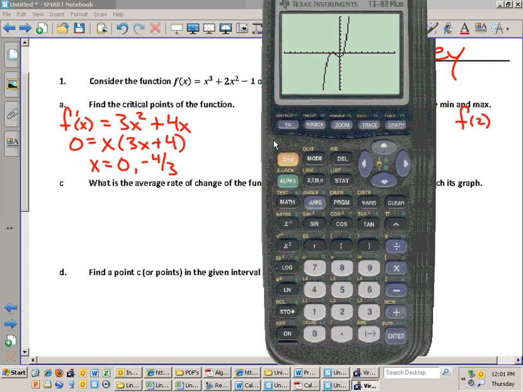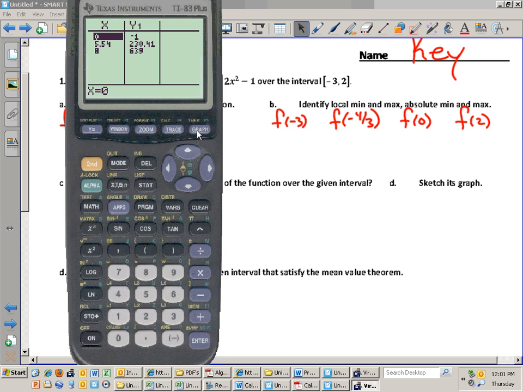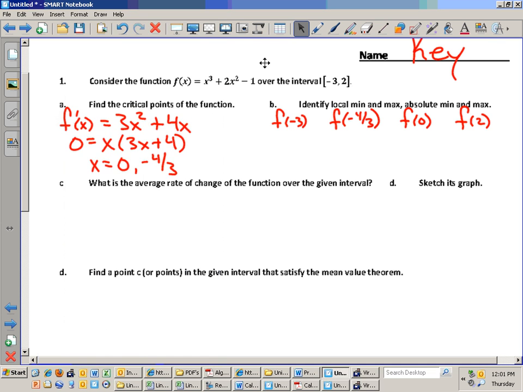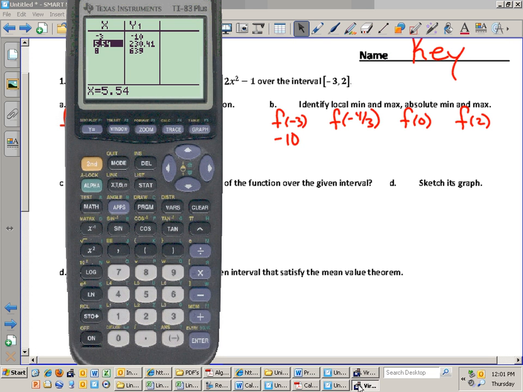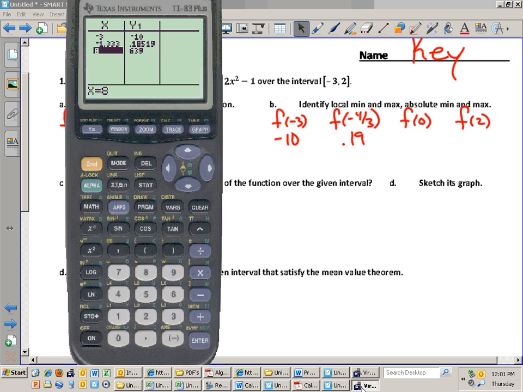So I'm going to take this function, and I'm going to go to my table, and I'm going to punch in some points. -3 gives me -10. -4/3 gives me 0.19. 0 gives me -1, and 2 gives me 15.